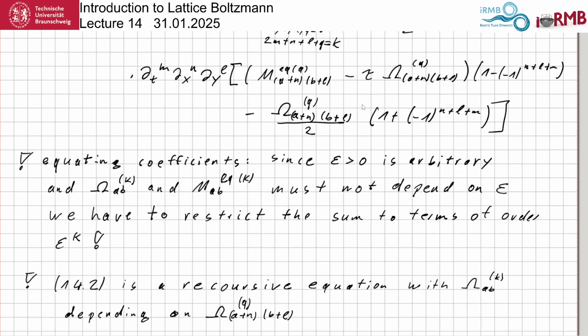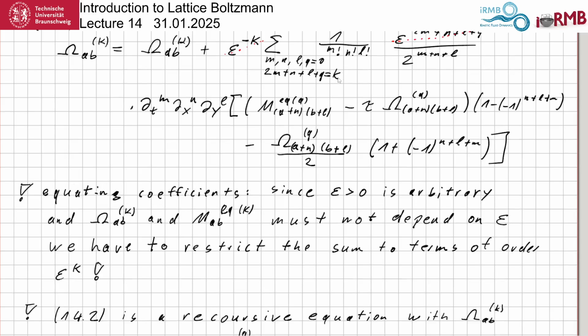The reason why this converges is because according to this sum, let's look here. We have the case that Q is equal to K if everything else is 0, and then all the derivatives are 0, and then this will cancel with this, right?